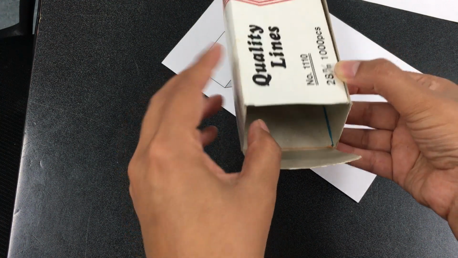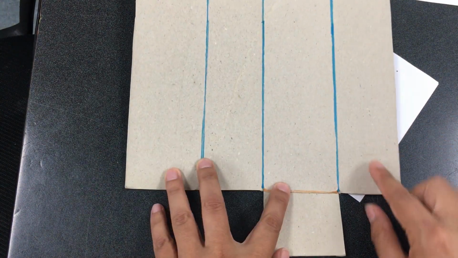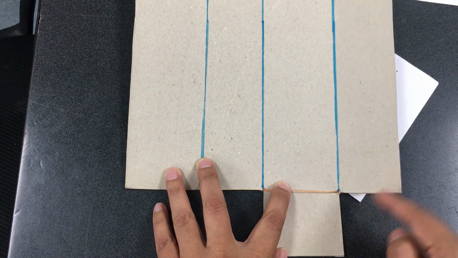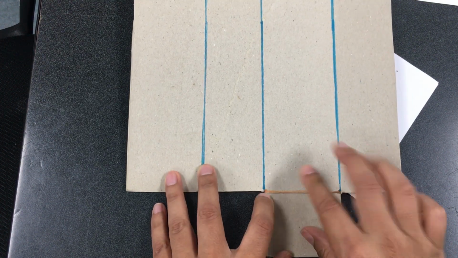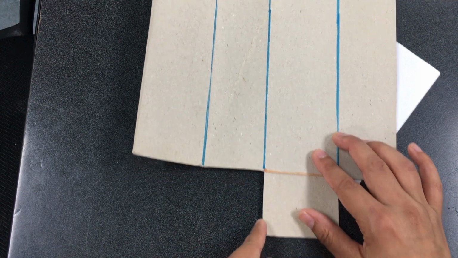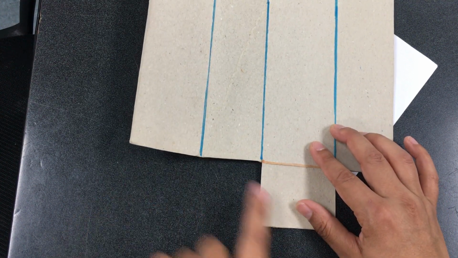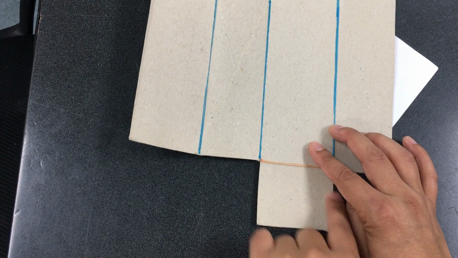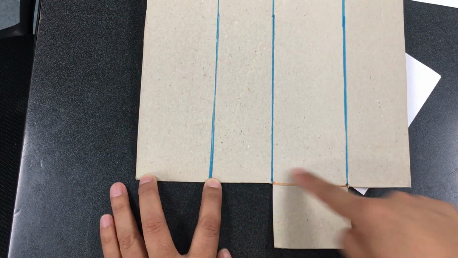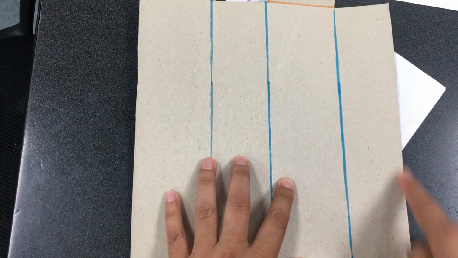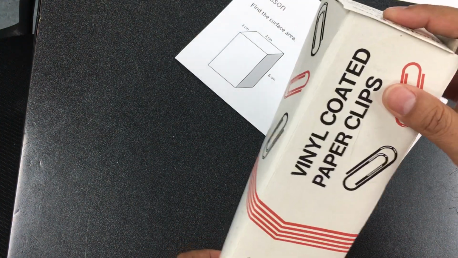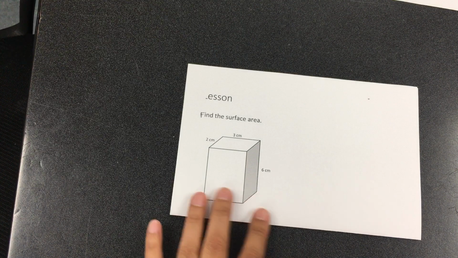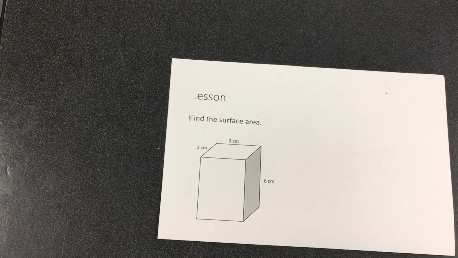If you add those, that is this distance. This is the length of this side. This is this. This one is right here, and then this last one is this. So if you add all of those, that's going to be your base for that big rectangle, and then you have the height of this prism. Okay, so let's go back to this. Let me zoom in.